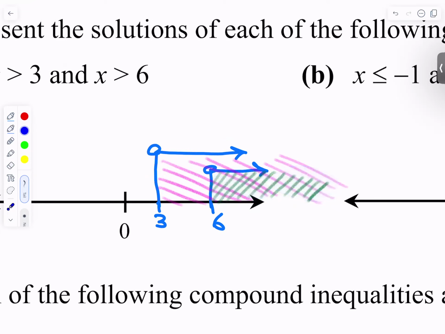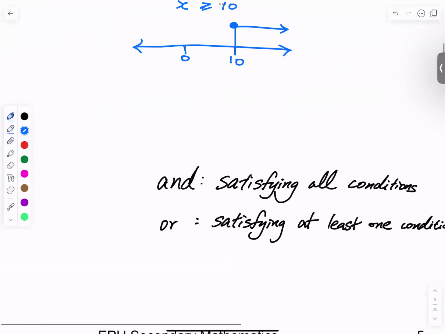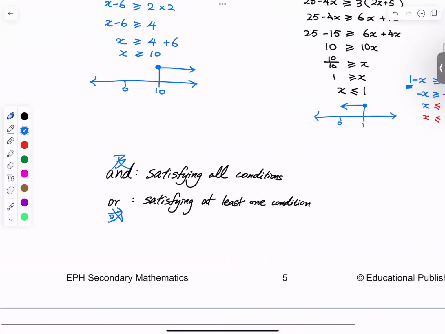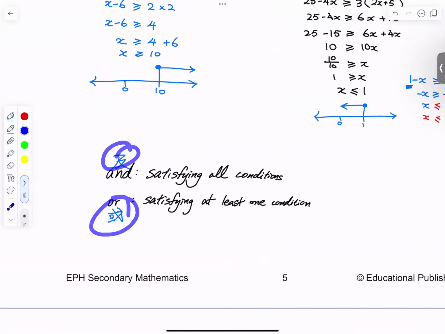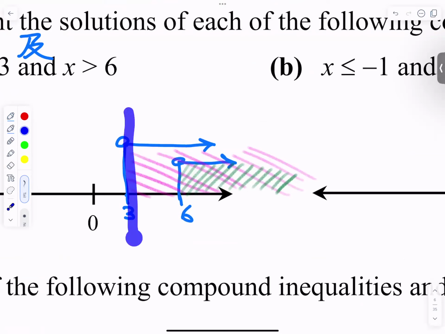So starting from which point do you have all the answers? Starting from this point 3, do I have all the answers? No, so this won't be your final answer.